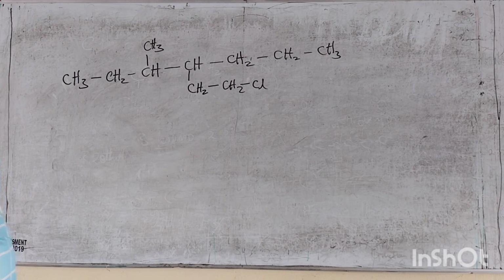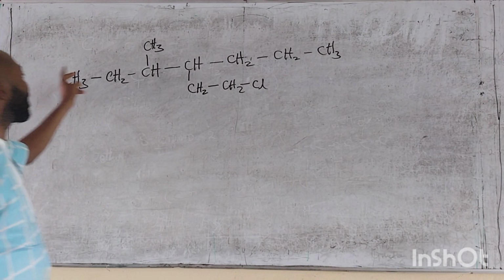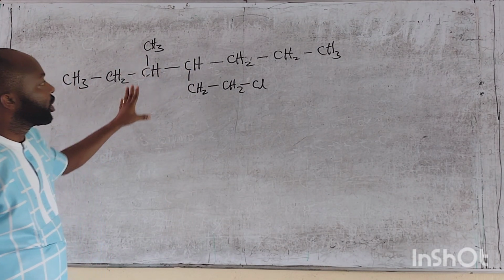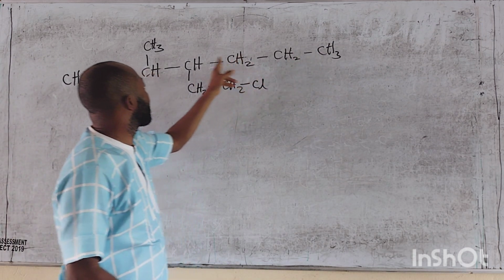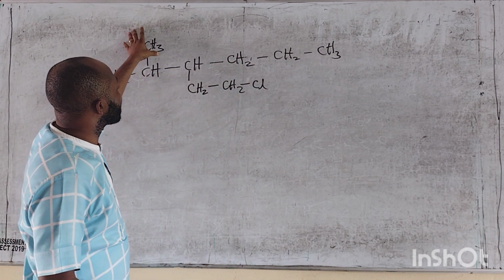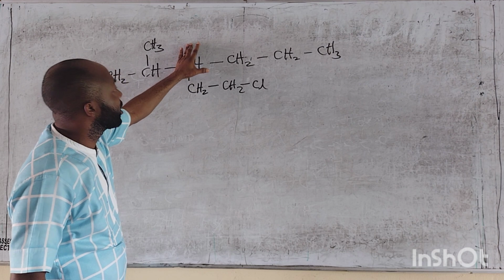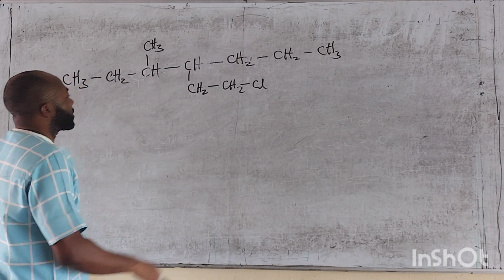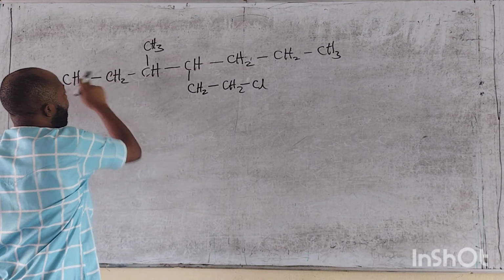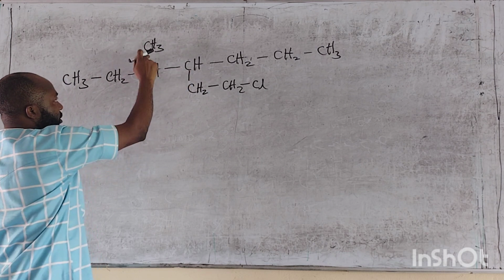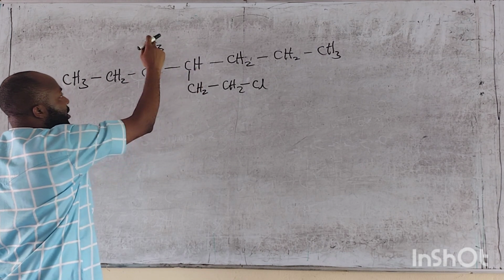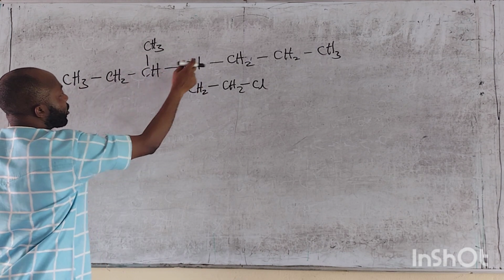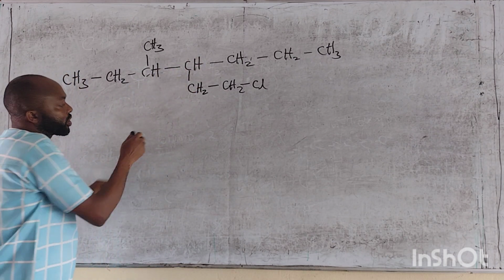Okay, we get it. Now, from our parent chain, 1, 2, 3, 4 is closer than 1, 2, 3 here. So this is methyl, this is ethyl, alright? So if I call this 1, 2, 3, 4, this is my methyl. So I have E for 1, 2, 3, 4. 4 and 3 will give me what? 7.